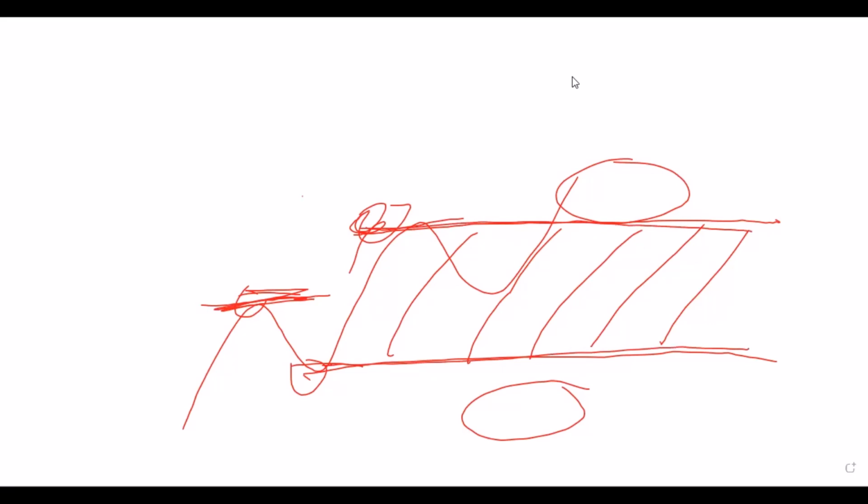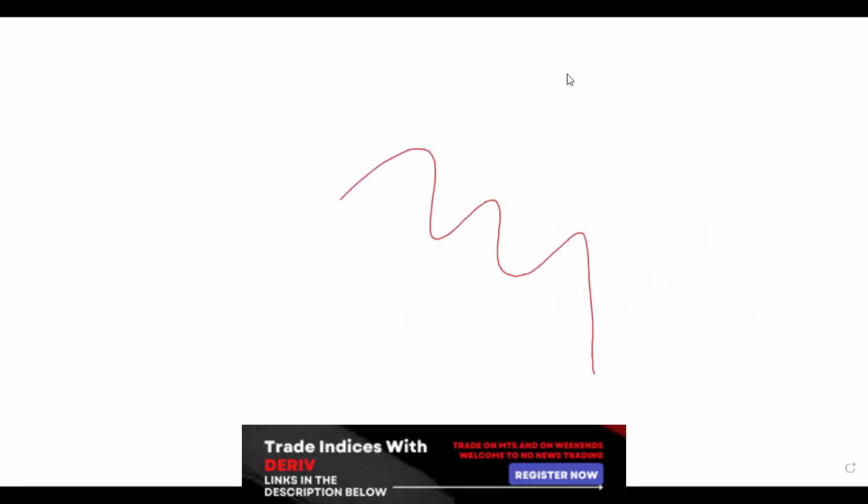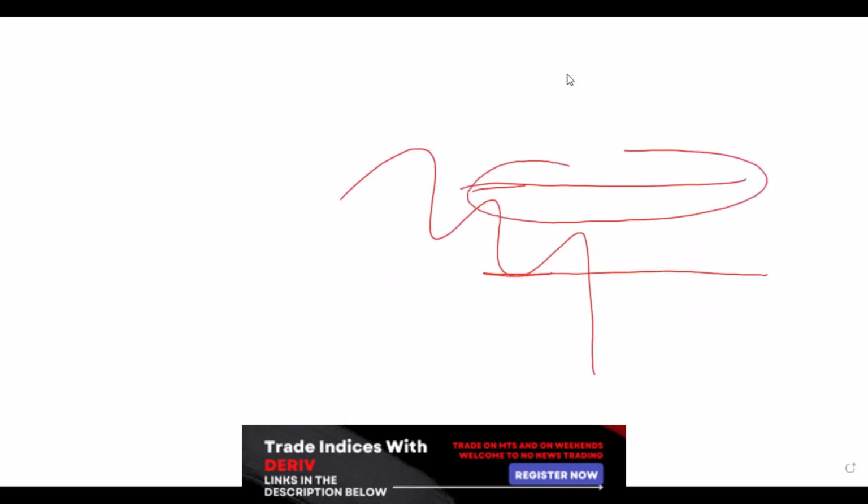If this is bullish, we are going to look for bullish order blocks near the low. And if we have a bearish scenario like this, high, low, we are going to be looking for sells around this high.